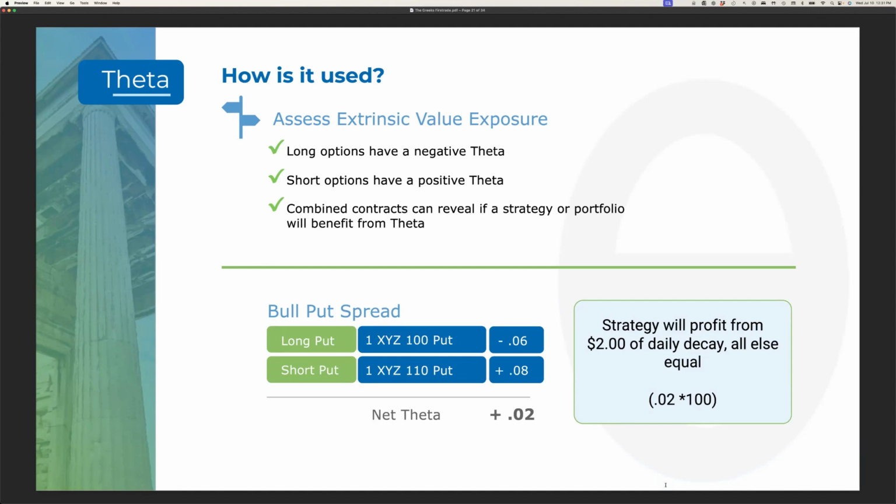Your net theta on this is going to be 0.02. So you're going to gain 2 cents per day as you hold on to this bull put spread. So you simply add up all the thetas across the legs, and that's going to help you determine your net exposure for the position that you have.